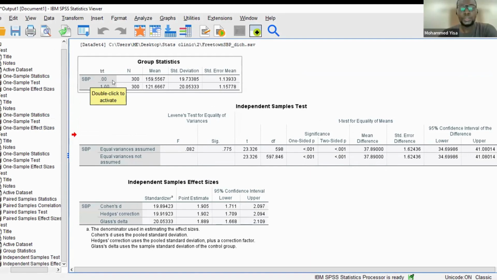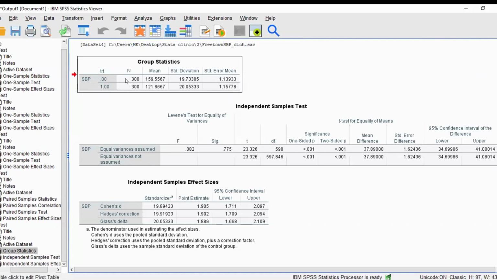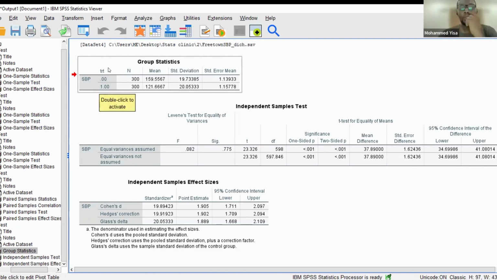Group 0 is the people that did not receive treatment, and group 1 are those that received treatment. Okay? Are you with me so far? I'm with you. All right. So group 0 is those that received no treatment. Group 1 are those that received treatment.